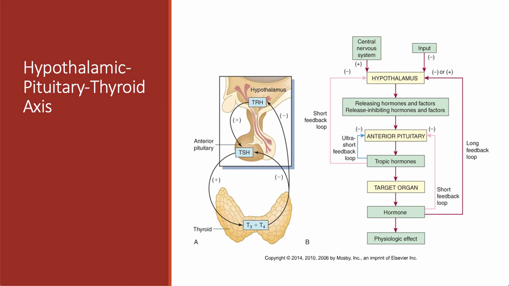So the way I'm going to do that is I'm now going to send a signal to the thyroid gland to tell it to do that. And so what it does is it produces TSH, thyroid stimulating hormone. Okay, that gets to the thyroid gland itself, the target organ, and the hormones T3 and T4 are then produced.